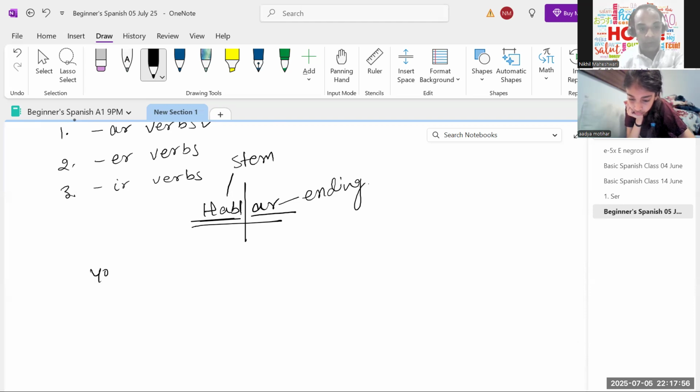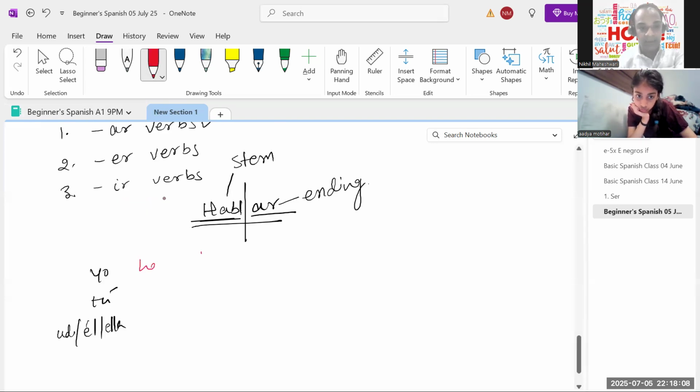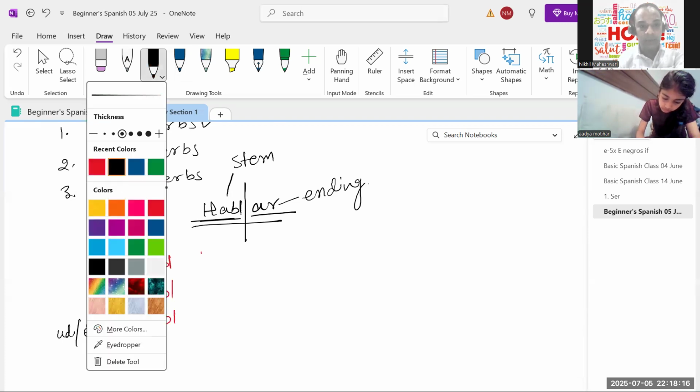So yo, tú, usted, él, ella, and I write the stem here. The stem is HABL. Then I move to the plurals.